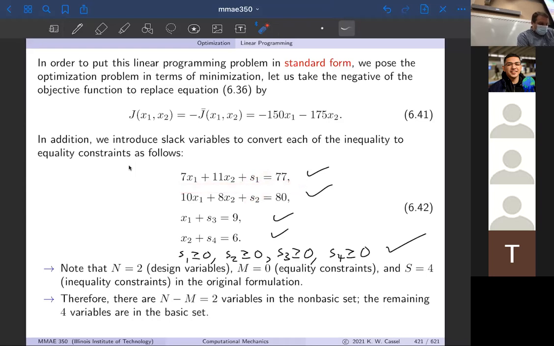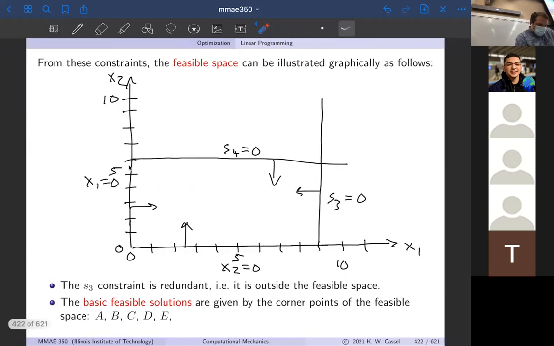If I set x1 to 0, then I have 11x2 is equal to 77, which would mean that x2 is equal to 7. So if x1 is 0, x2 is 7, which is right here. I'll draw the line in a second.